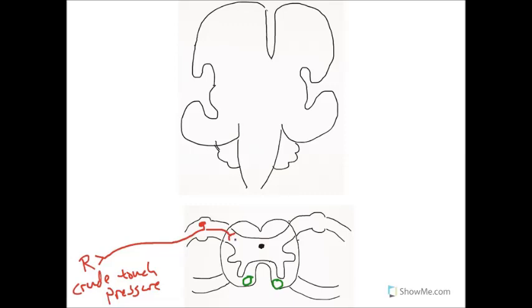Now, the second order neuron is where the spinothalamic gets its name. It crosses over at the level of entry and takes the tract up to the other side, to the thalamus.